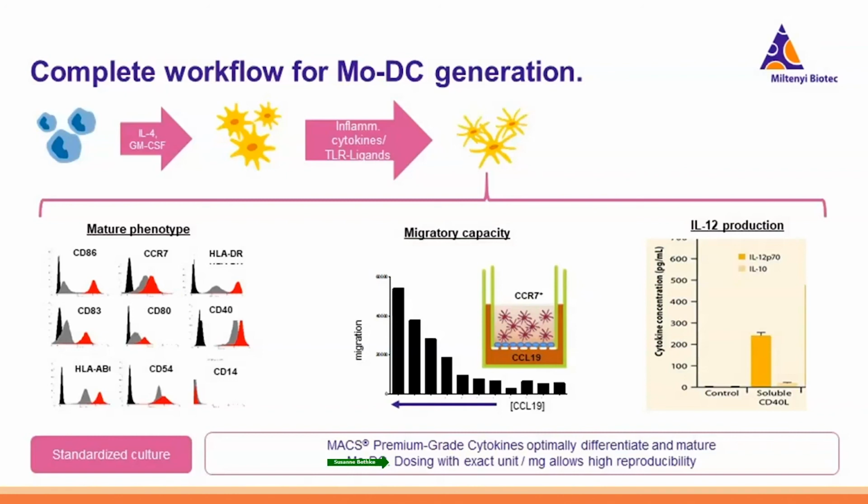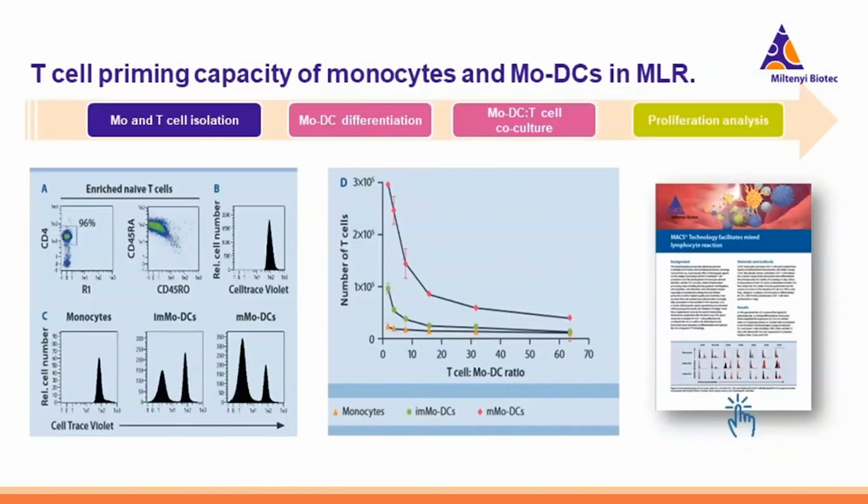So it's always really standardized and always the same. So here you see some example data of how an MLR is looking. And if you're interested in more details and more data, more explanation, just click later here on this application note that we did on the MLR assays.